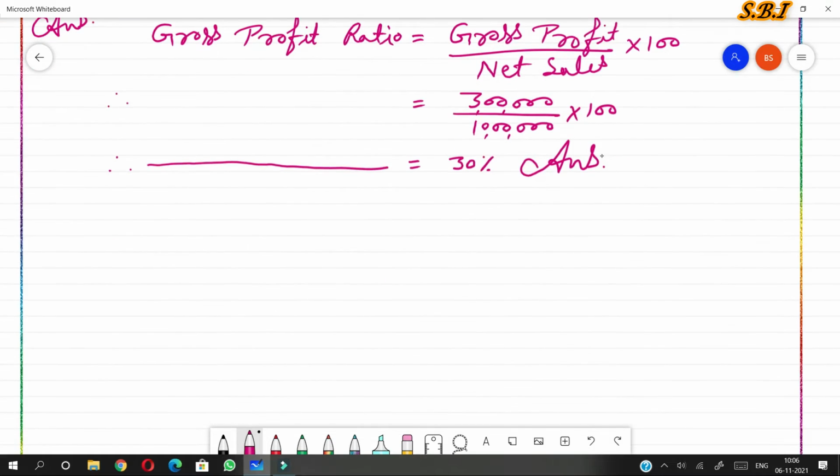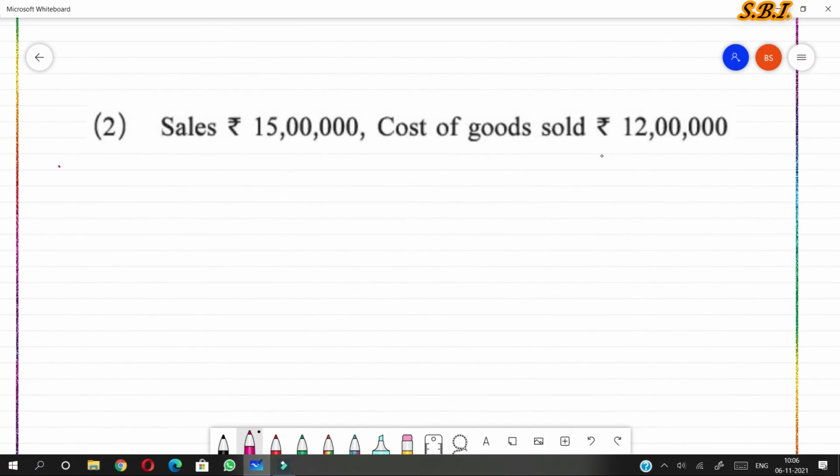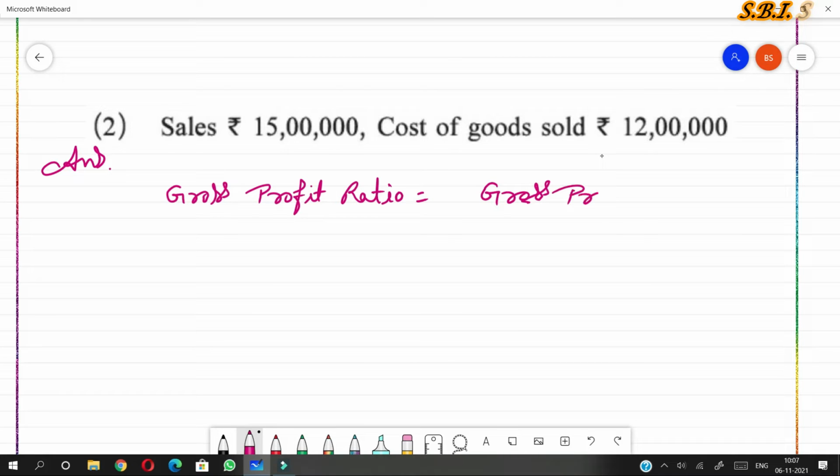Next, sum number 4's second sum. Here also we have to find out gross profit ratio. Gross profit ratio equals gross profit divided by net sales, multiplied by 100.